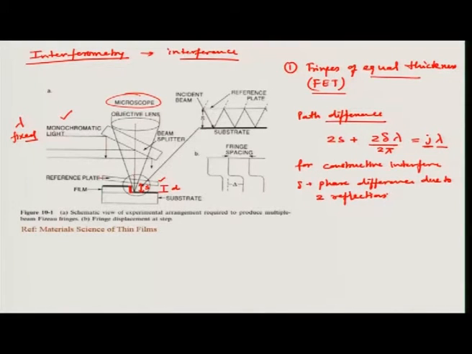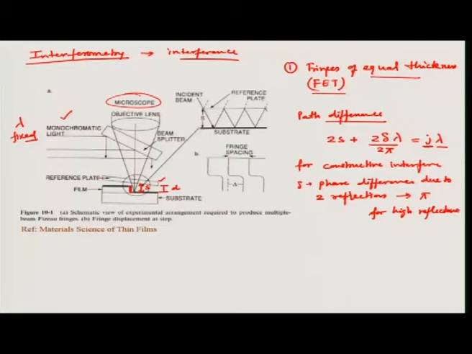So, you will have two reflections, and every reflection also changes the phase of the light, because these lights are nothing but electromagnetic waves, and we are discussing the phase difference in the electric field, or you can also discuss the phase difference between the magnetic fields. And this can be taken as pi for high reflectance.